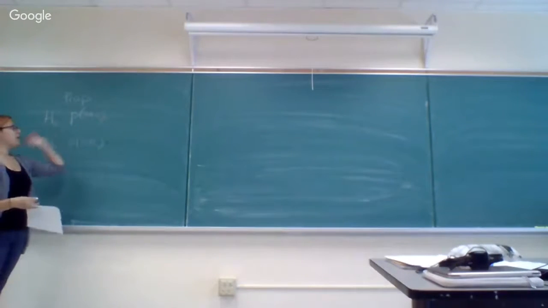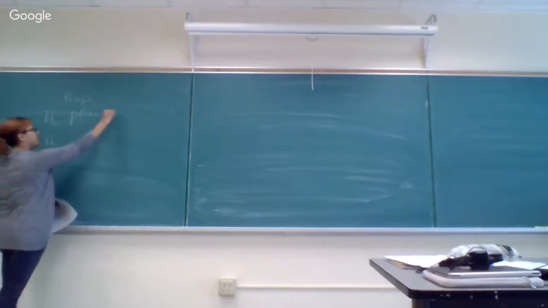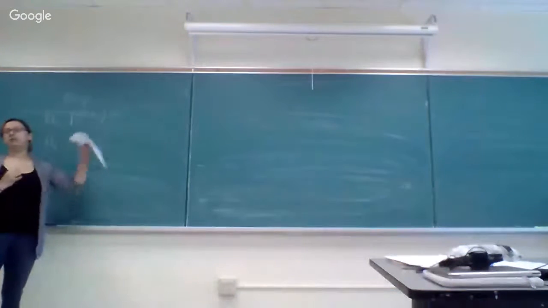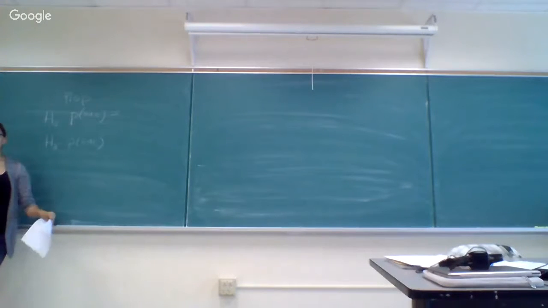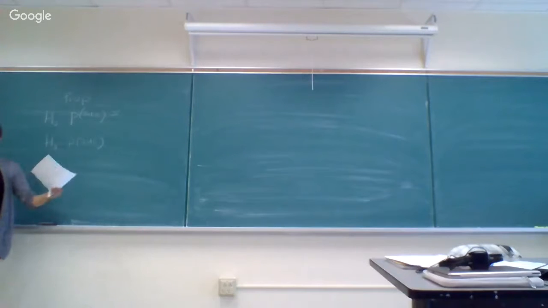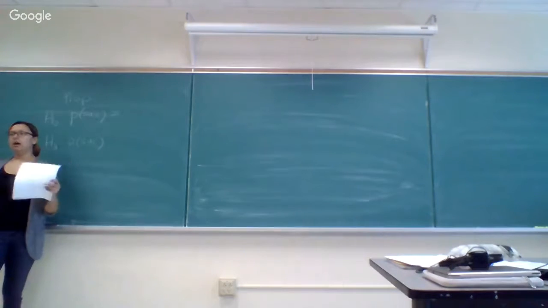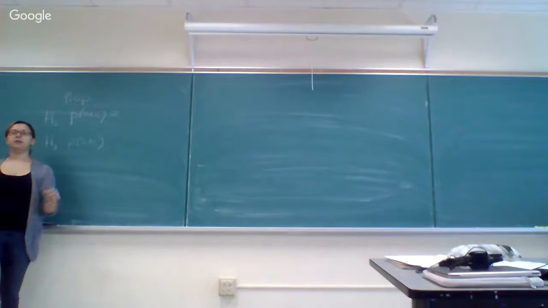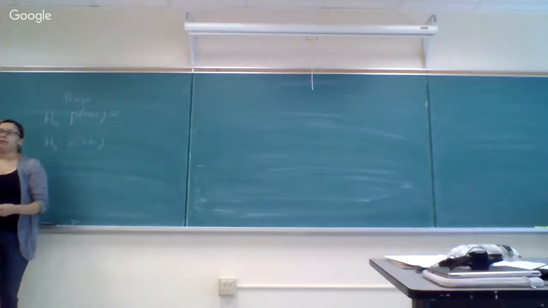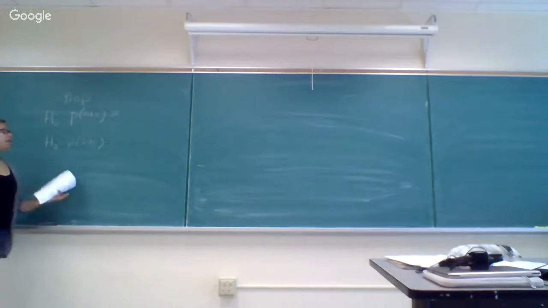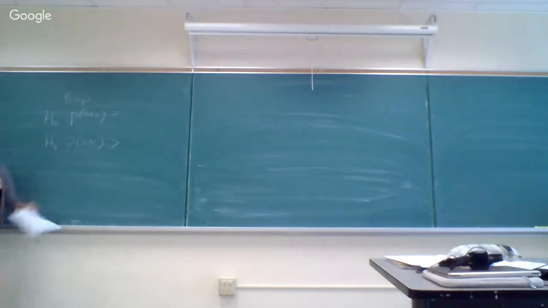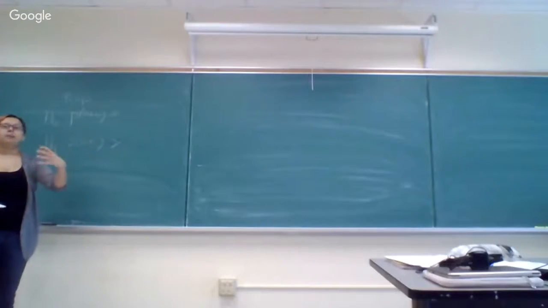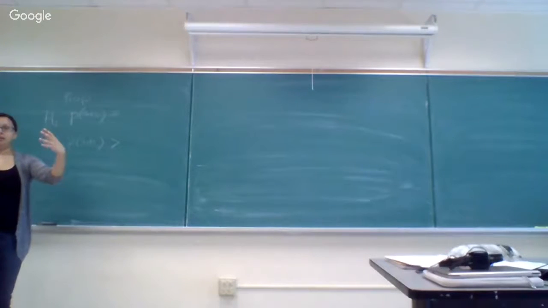Now, for the next part, the null is always going to be an equal sign, and this is in every case that we do. The alternative depends on the context of your question. For probabilities, we usually are concerned with greater than or less than. We're not really concerned with not equal to. Depending on the problem, it's going to be either greater than or less than. I'm going to just put greater than for now. And then the number that goes after it is the probability that we'd expect in the world.